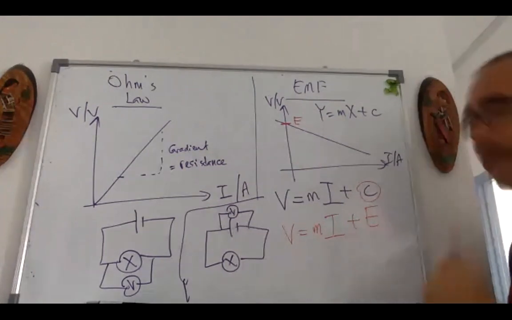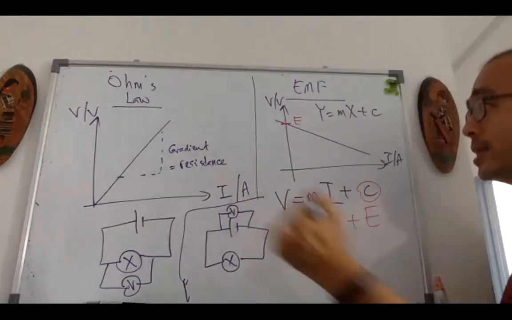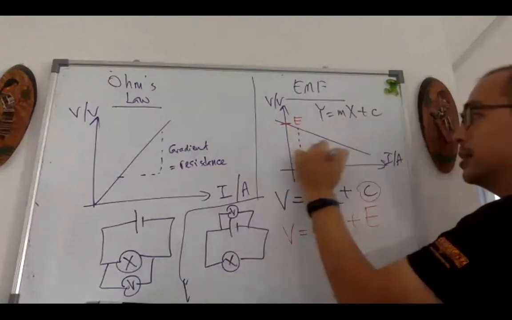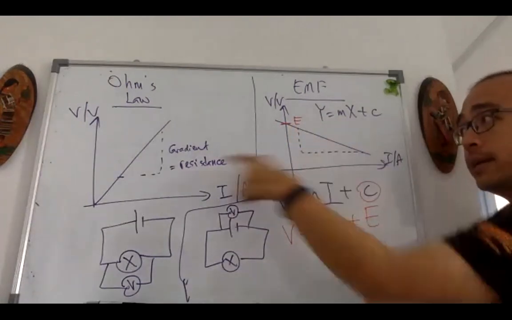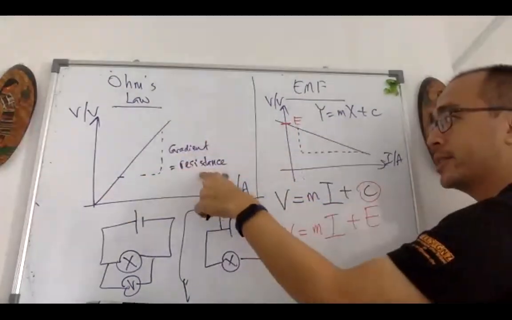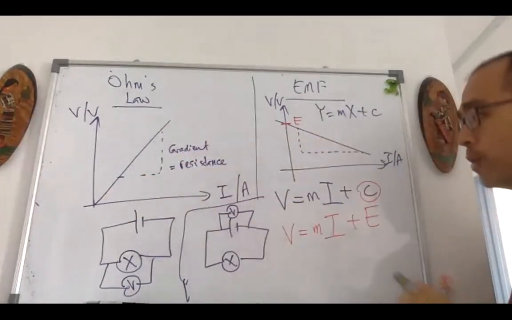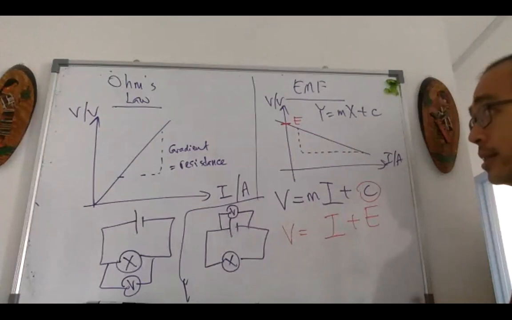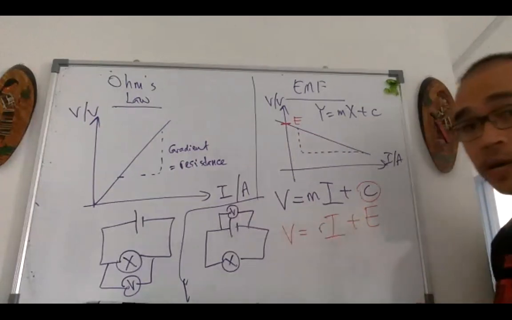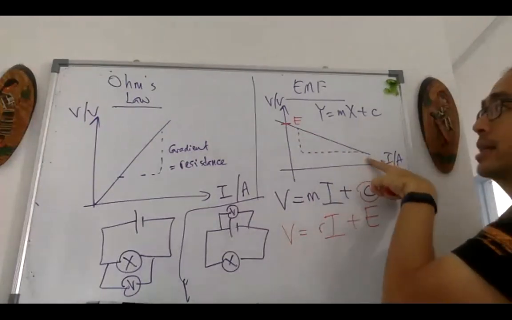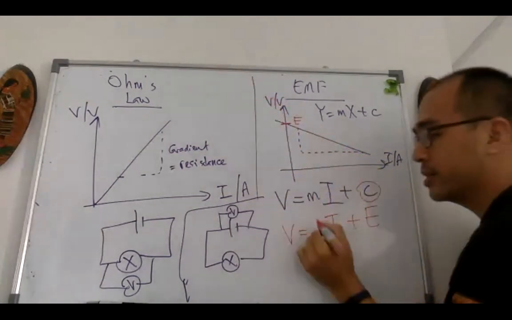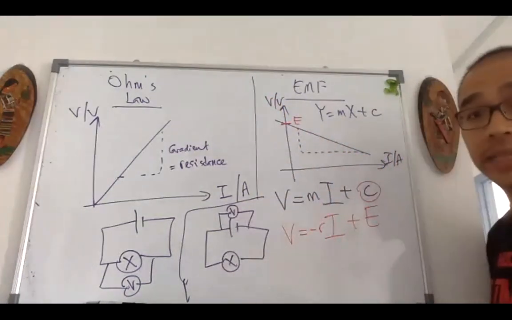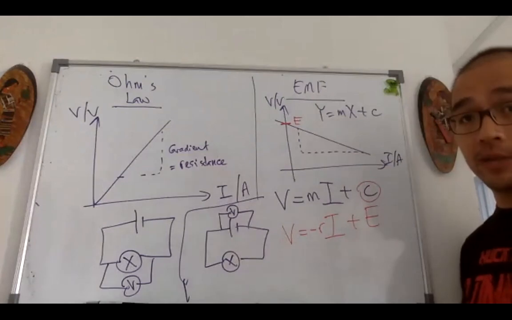And then on top of that, once again, if I calculate the gradient, same like this one, I will also get the resistance. But since the line is in this direction, the gradient will be a negative value.